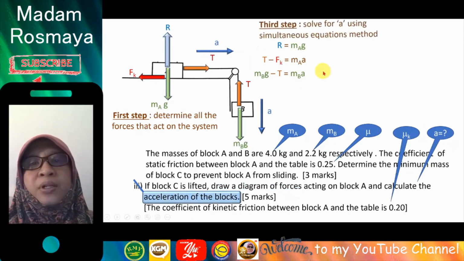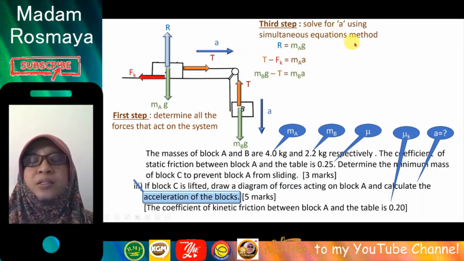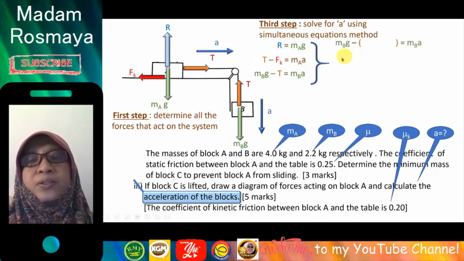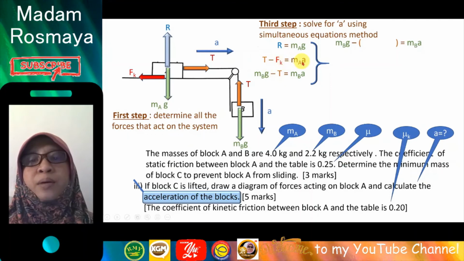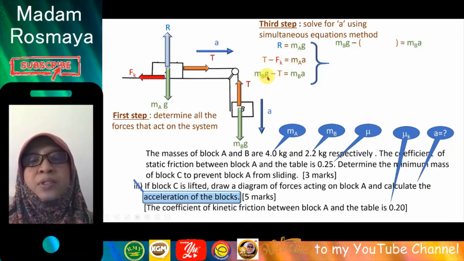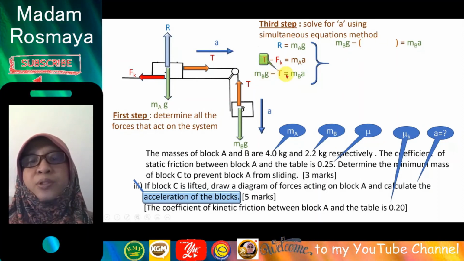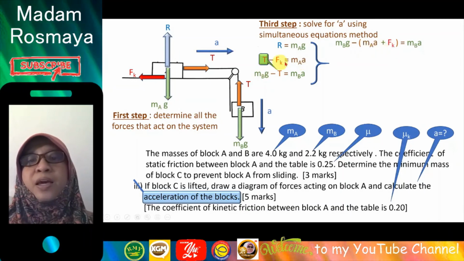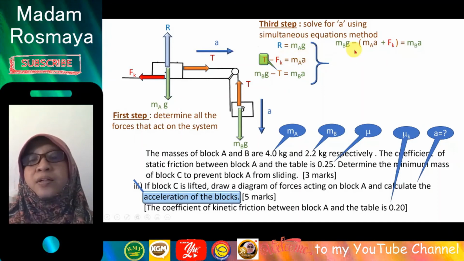Okay, next, third step, we solve for A using the simultaneous equation method. So we substitute T into the equation. From T minus Fk equals MAA, T is MAA plus Fk. We bring minus Fk to the right side, and it becomes plus.